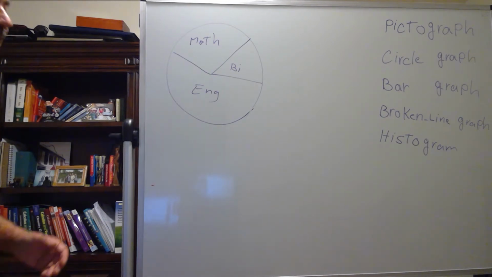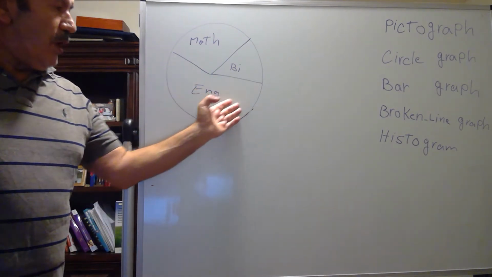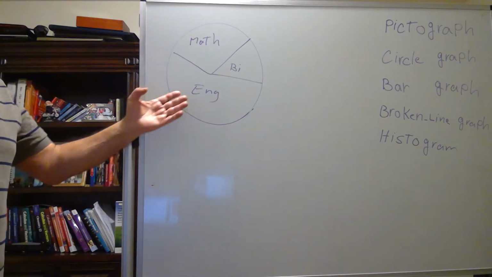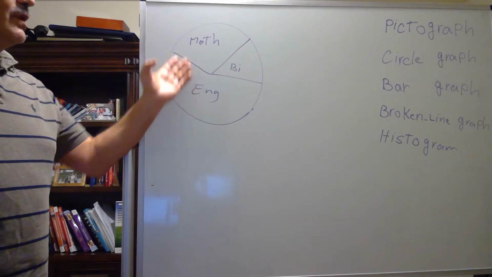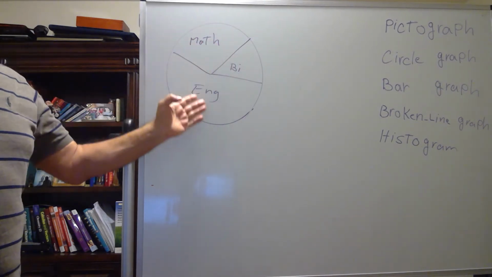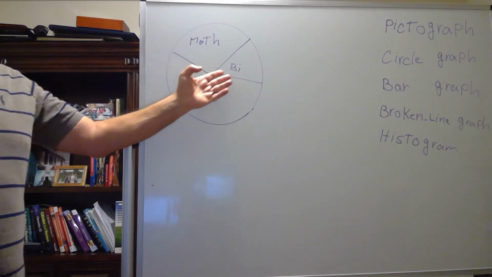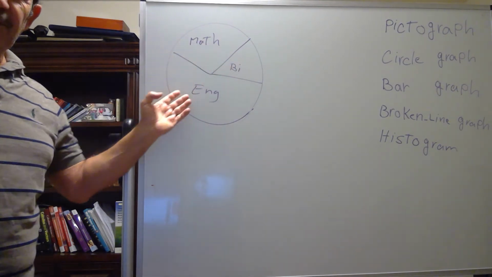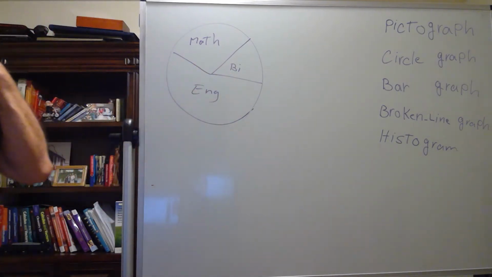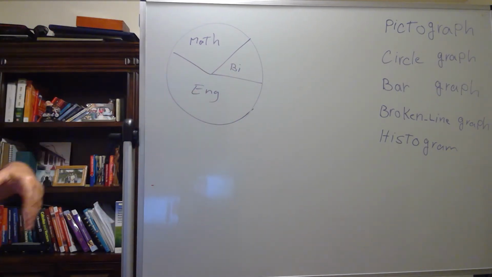We can say that because this part for English is a bigger sector, it means the number of students in English class is more than the others. And because biology is smaller than the two other parts, the sector is smaller than the two other classes. We can say the number of students in biology class is less than the others.